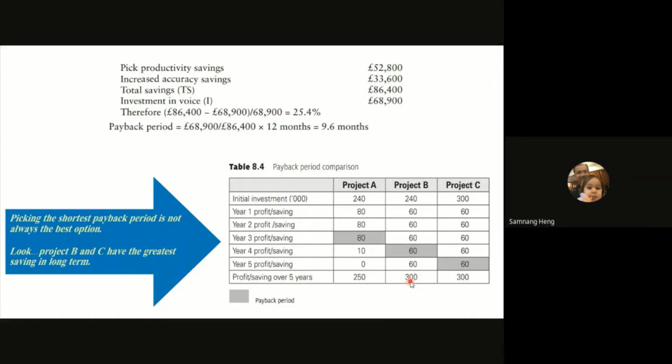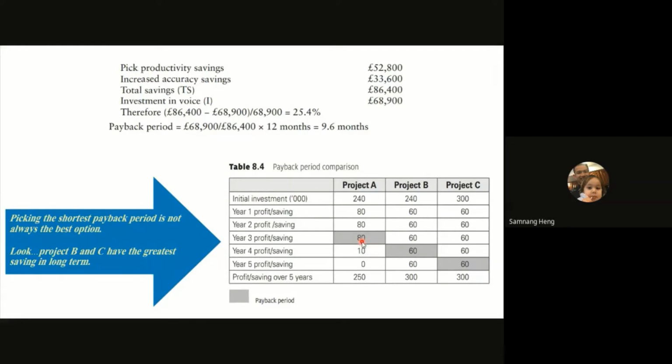But it depends. In my opinion, sometimes it depends. If you are a student, you have only like 3 summers, right? So you want to do it only 3 years. If you want to do it only 3 years, and after 3 years you don't use it anymore, and you want to sell it, you should choose project A, because project A you could sell it right away.